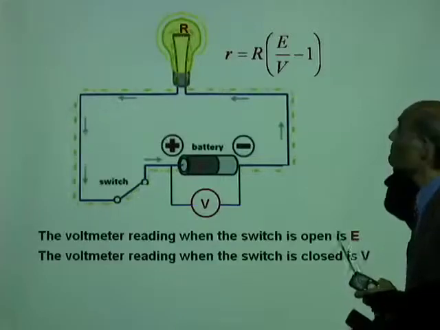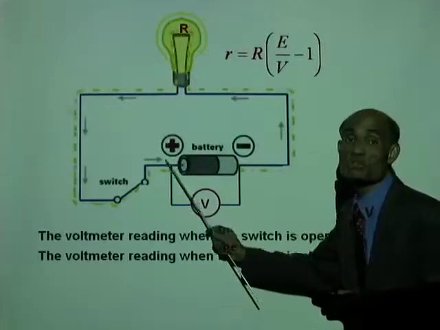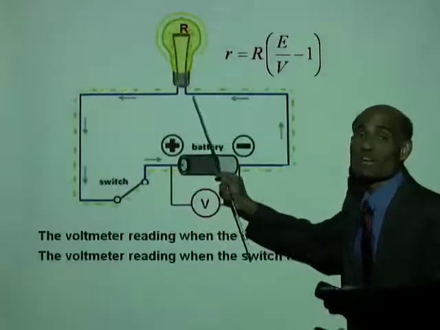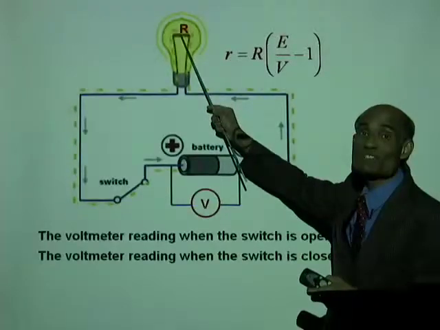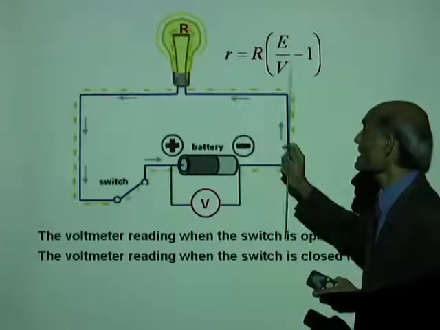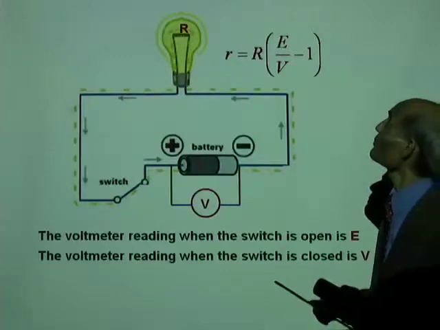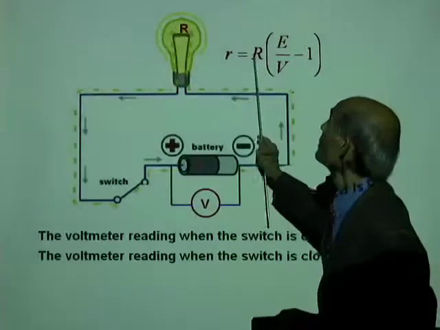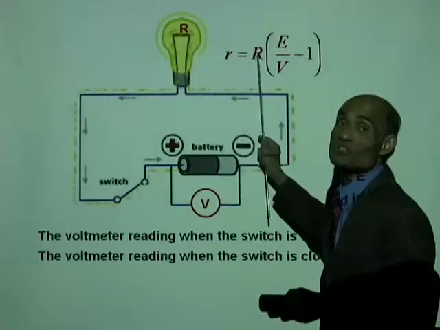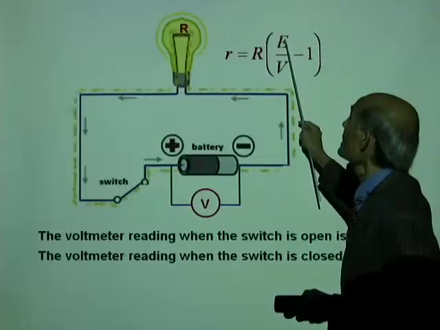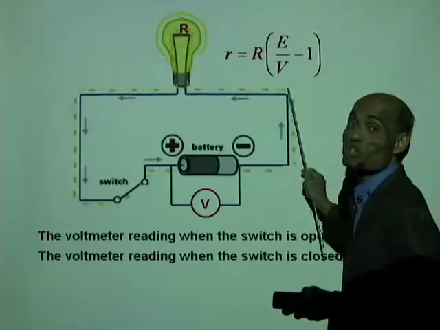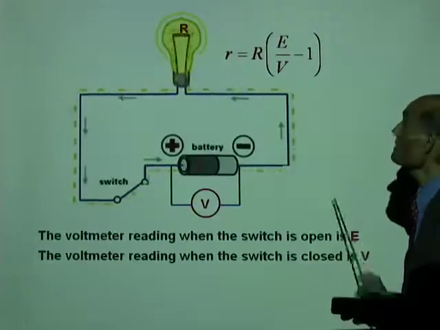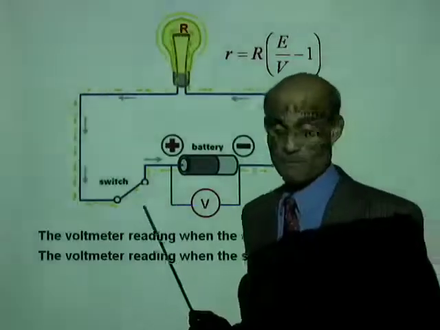We measured V, the terminal potential difference when the cell drives a current through a known resistor R. We can calculate the internal resistance as r equal to the external resistor multiplied by EMF divided by the terminal voltage, that is this V, minus 1.